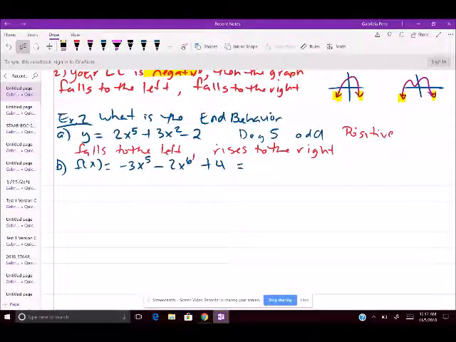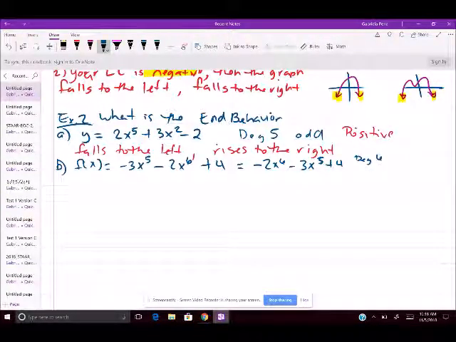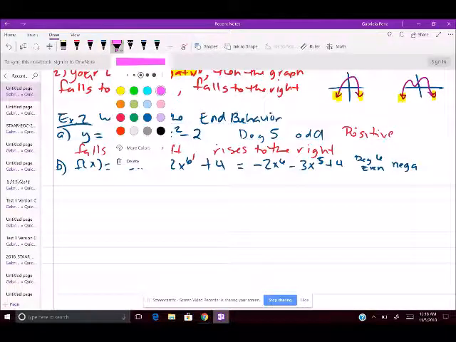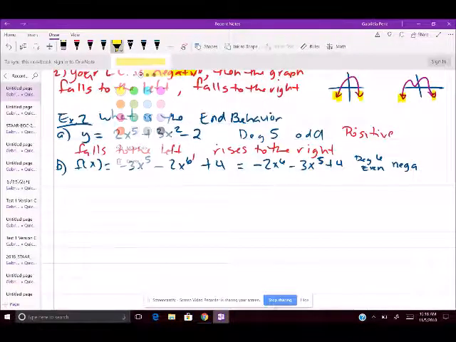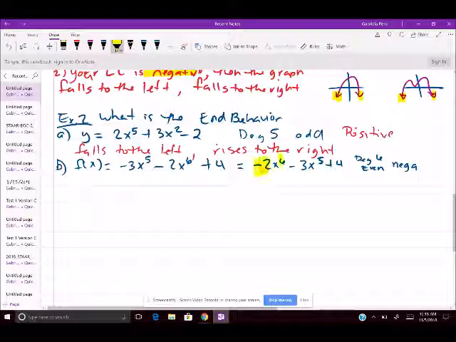So who's going to go first? Negative 2x to the 6th minus 3x to the 5th plus 4. So when I look at this, is this odd or even? Even. My degree is 6, so that is even. Is it positive or negative? Negative, because I have a negative 2 with the 6.